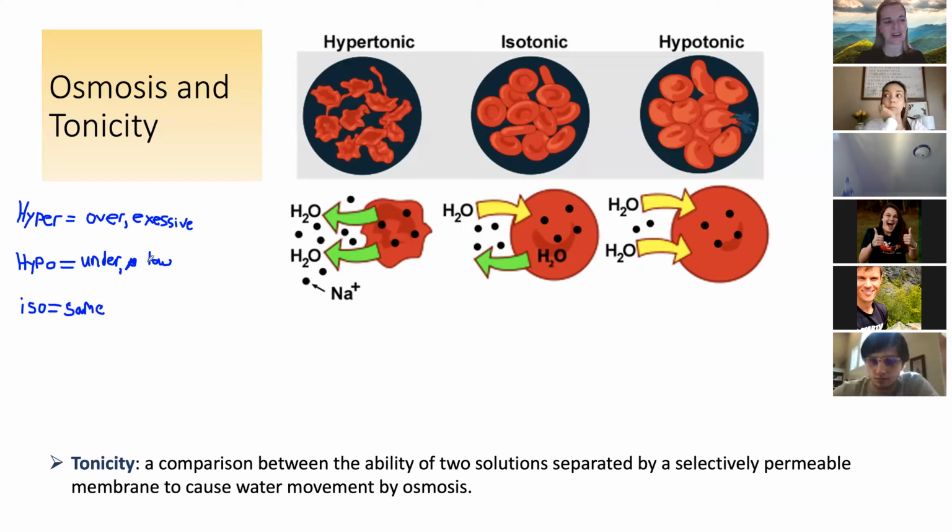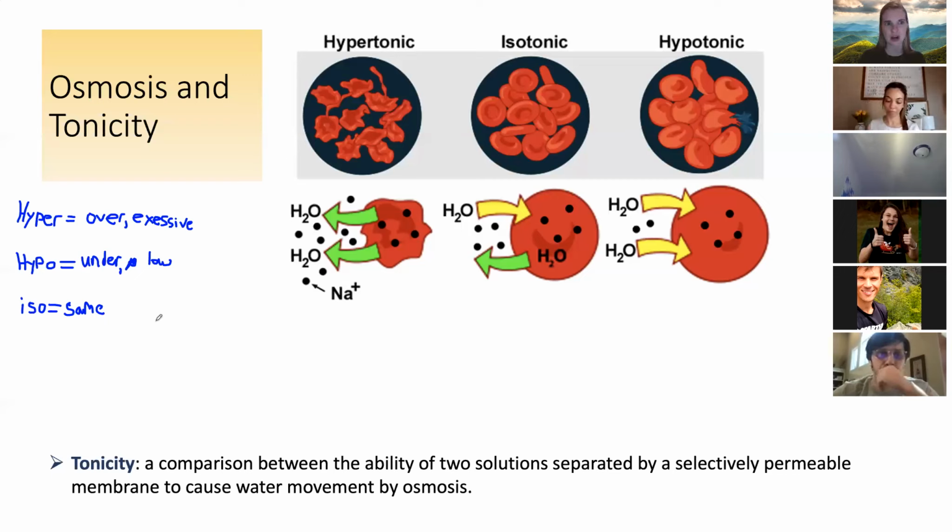If you don't know these already, hyper means more, hypo means less, iso's the same. Put some flashcards together maybe and just quiz yourself on it. Okay, what we're talking about is the solution that the cells are in.